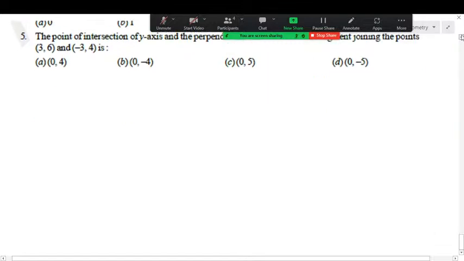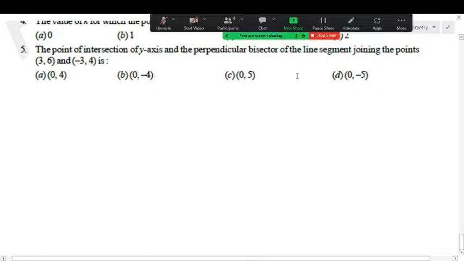The point of intersection of y-axis and the perpendicular.